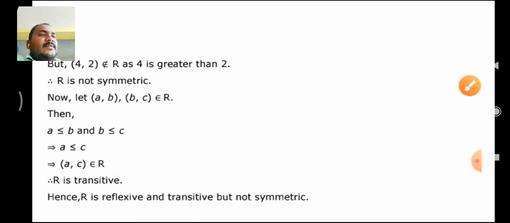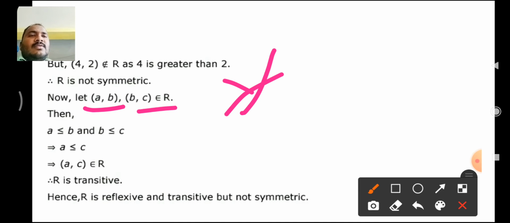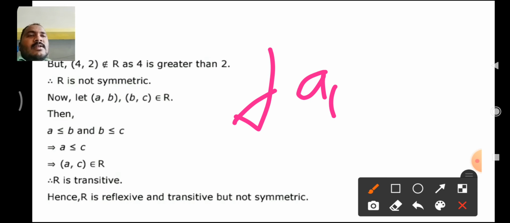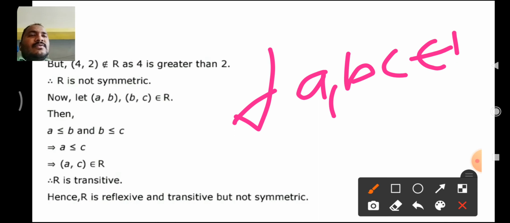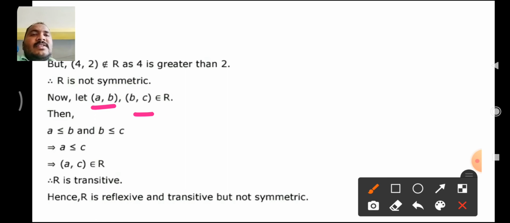Now check transitivity. Suppose (a,b) belongs to R and (b,c) belongs to R for all a, b, c belonging to the given set. Then a is less than or equal to b and b is less than or equal to c.